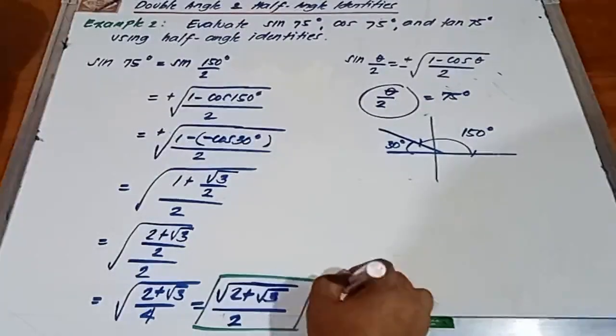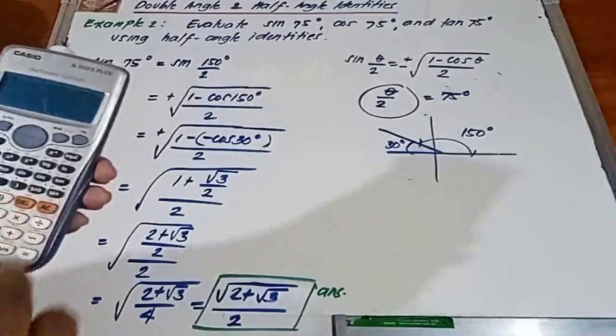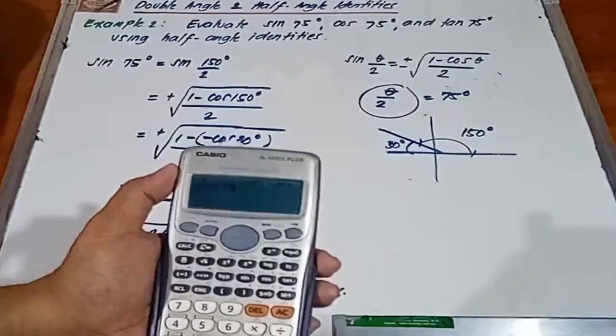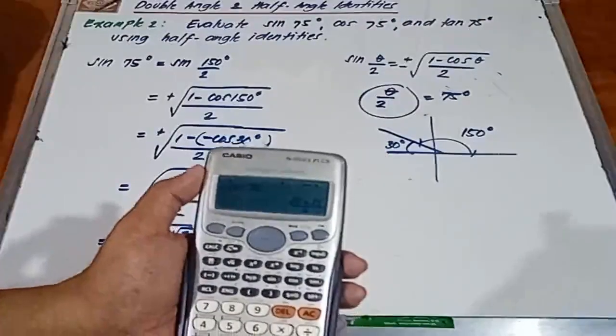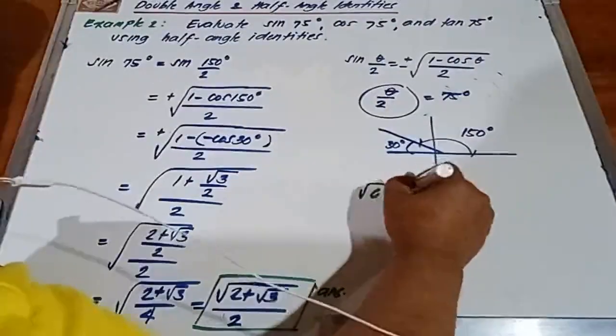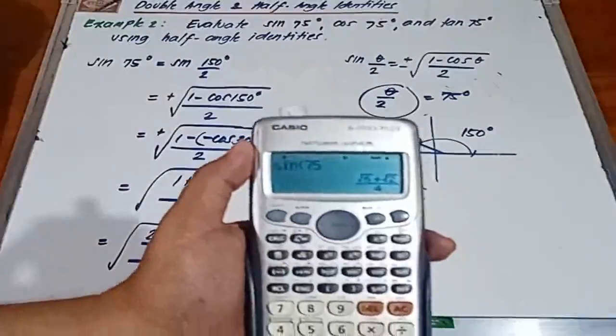Now, if you're going to check the value of sine 75 degrees using calculator, so we have sine 75 degrees. Answer is ibang itsura. That is square root of 6 plus square root of 2 over 4. Okay, para magkaiba. Okay, but this is the same.